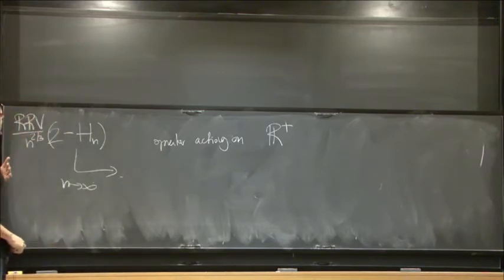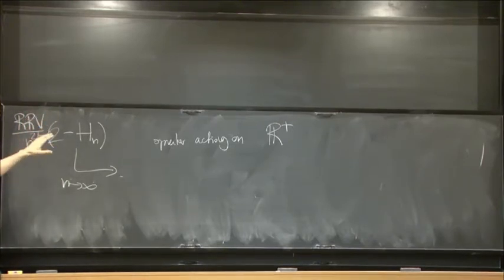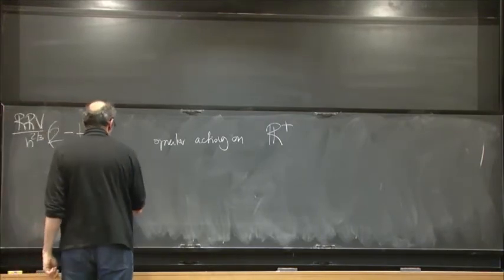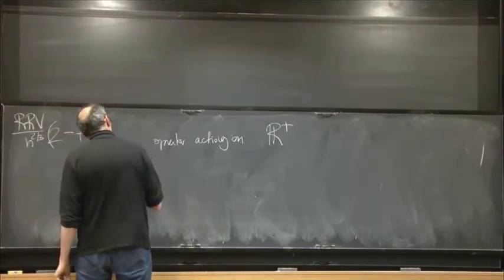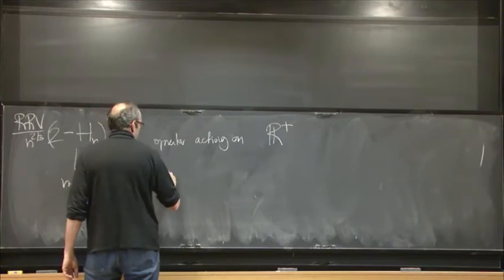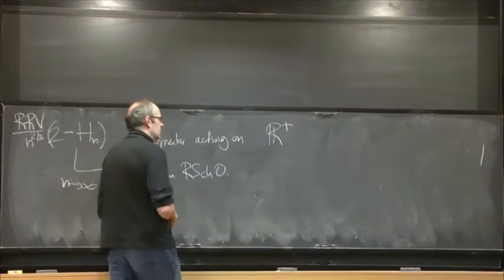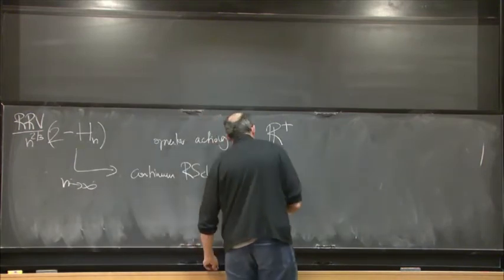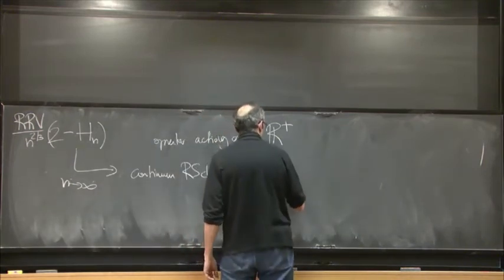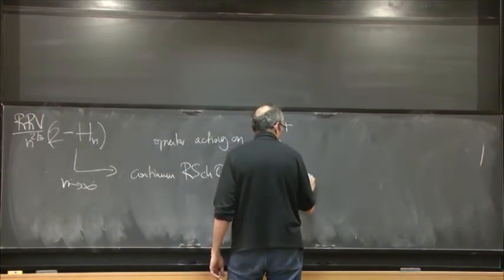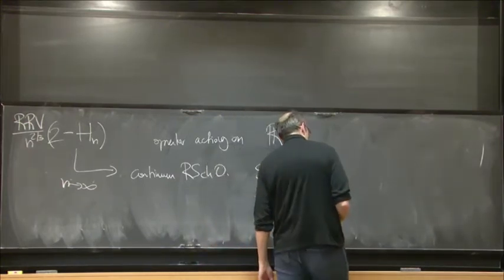You could say in distribution, or you could say there is a natural coupling of these operators such that they converge almost surely as n goes to infinity to a continuum random Schrödinger operator. Okay, and what does this random Schrödinger operator look like? It's called the Stochastic Airy operator, and it looks like this.